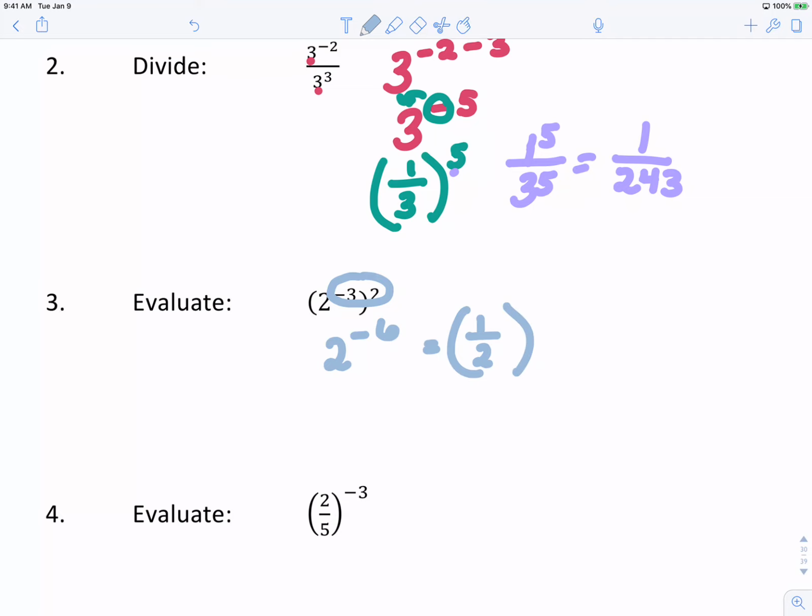So it'll be 1 over 2 to the 6. And this 6 applies to both, so it'll be 1 to the 6 and 2 to the 6. 1 to any power is going to be 1, and 2 to the 6th power is 64.